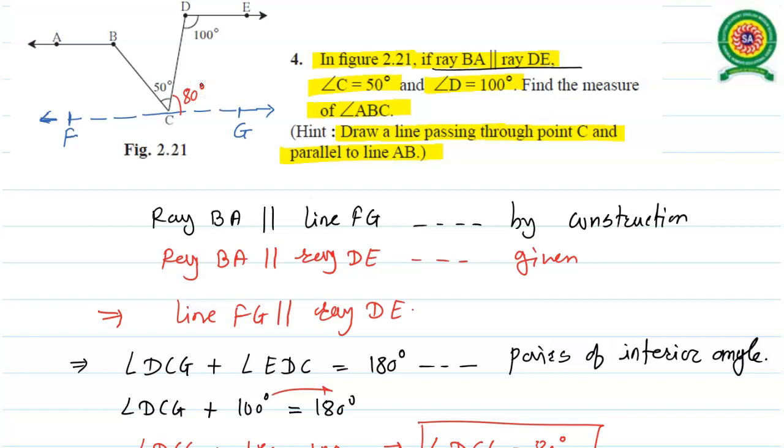Now look at the three angles we have: BCF, then BCD, then DCG. I will call those three angles 1, 2 and 3. They are linear pair angles because they lie on the same line FG.